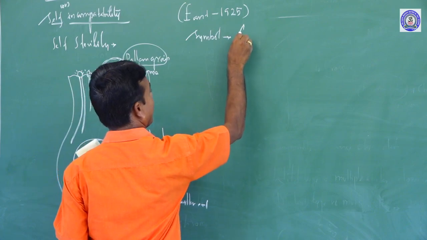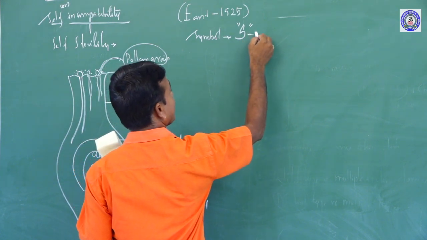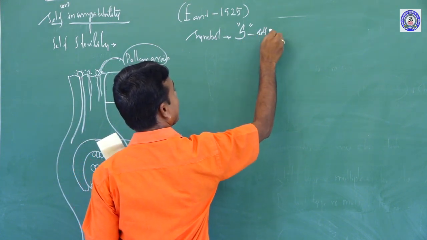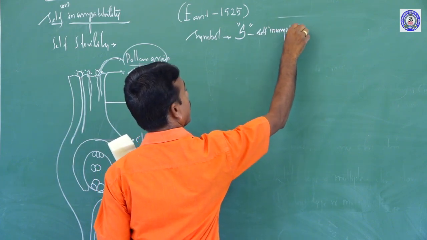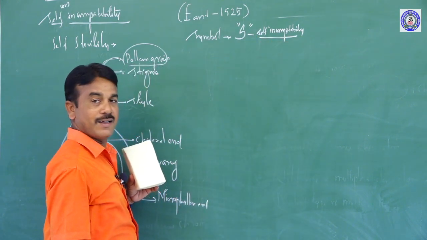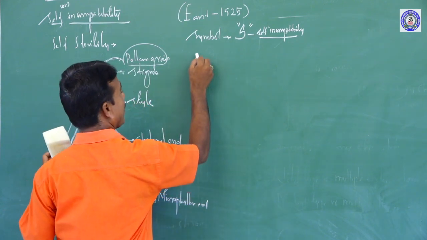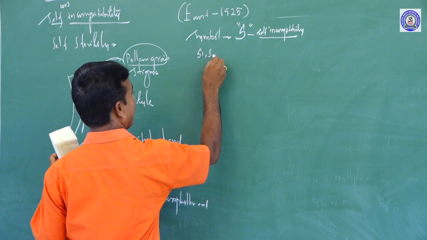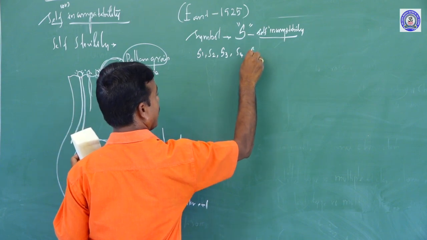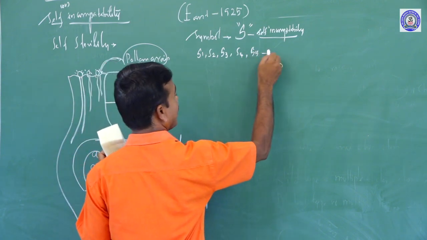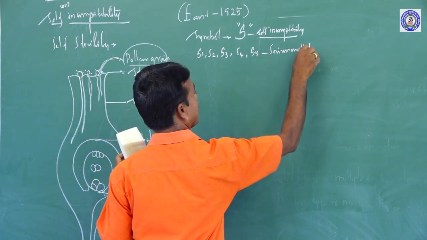That symbol is commonly called S. The S denotes self-incompatibility, or also called self-sterility. This is not a single gene but a series of genes, indicated as S1, S2, S3, S4, then S5. These are commonly called a series of multiple alleles.